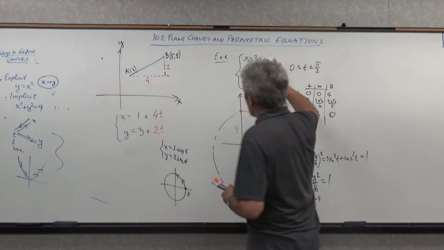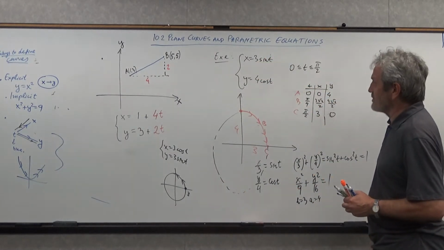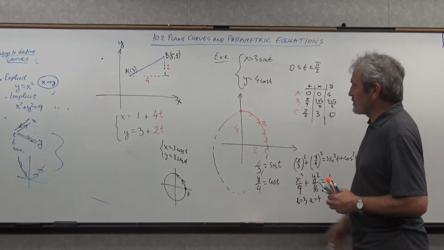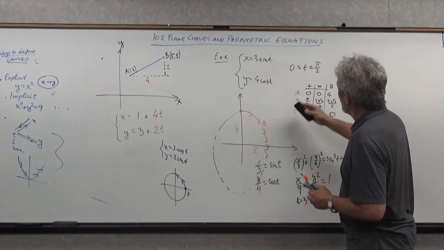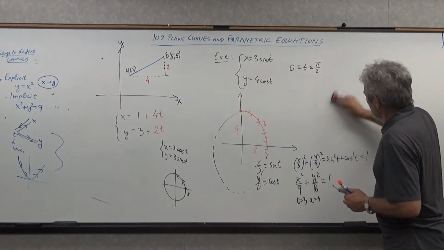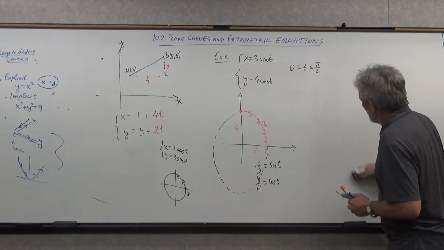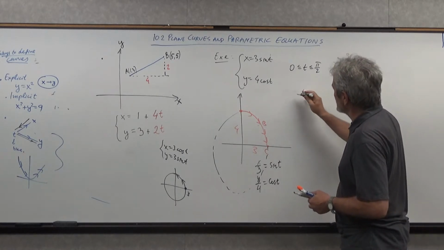What happened here? 3 and 4 are here, so that means one of them is stretched, and that's y, obviously stretched. But also cosine and sine are flipped. So how can we actually notice that, react to that, even without eliminating the parameter? Here's what we can do, but that's a little knowledge of trigonometry.